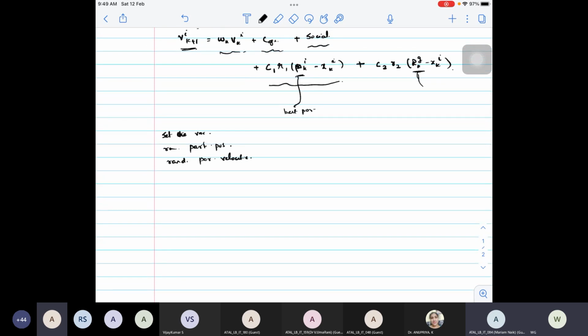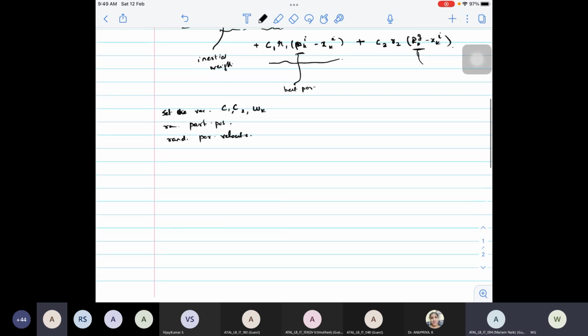The constants are say C1, C2, and WK. This is the inertia weight.